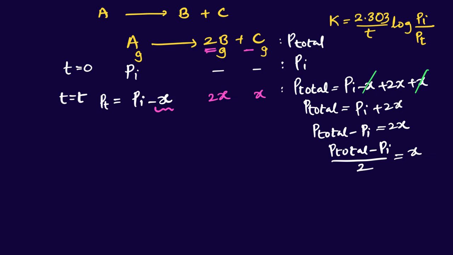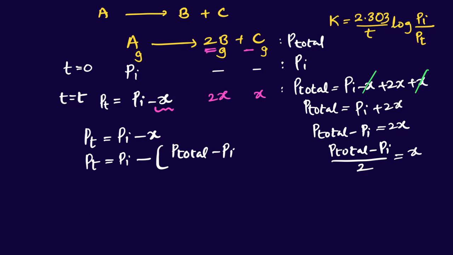Substitute in this one. What is the equation? Pressure at T time is equal to Pi minus x. Pressure at T time is equal to Pi minus x value, what is that? P total minus Pi divided by 2.